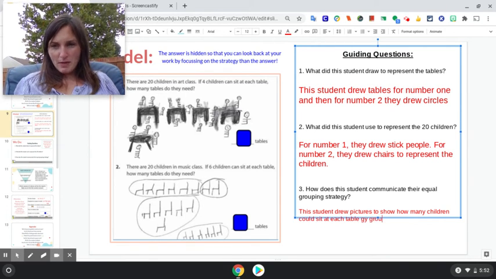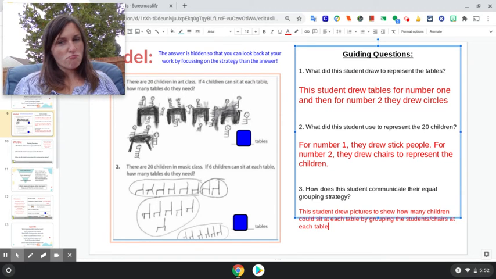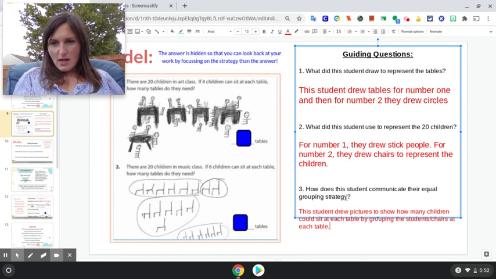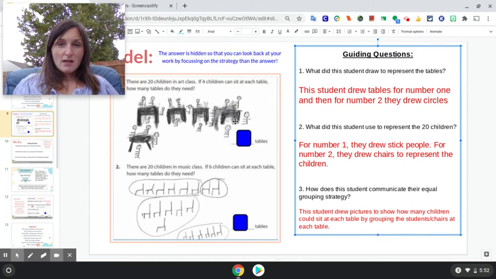By grouping the students/chairs at each table, I think is how I'm going to word that, right? Because here it's saying that they group them together at the tables, right? Or with the chairs. Okay, so that's kind of how they communicate.